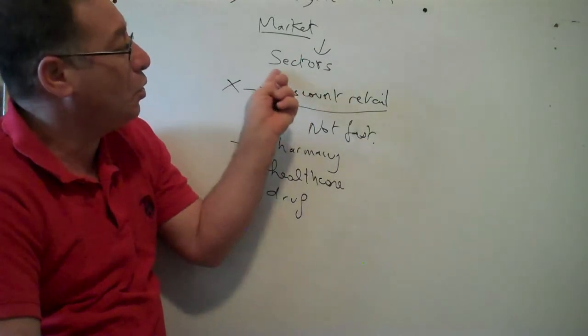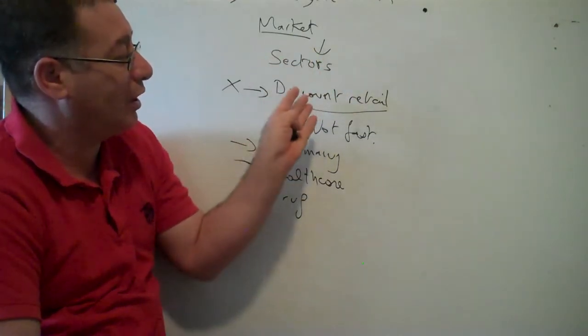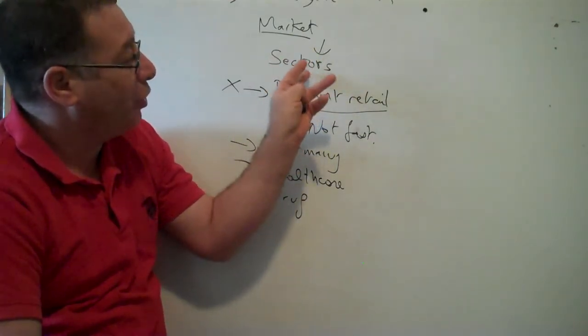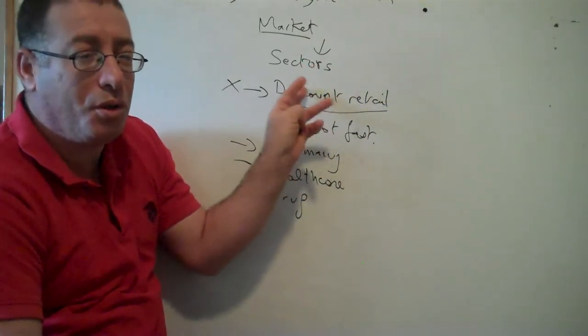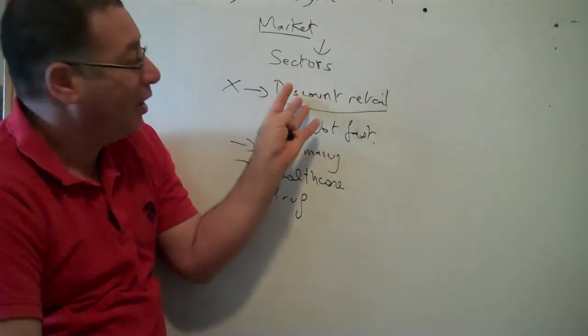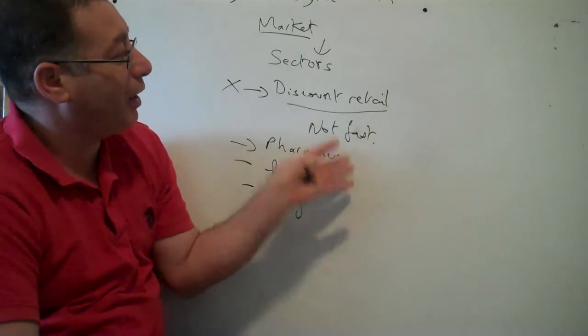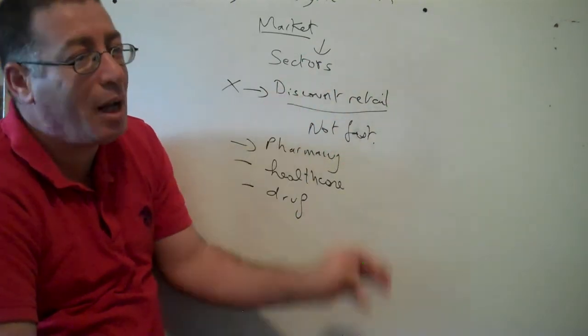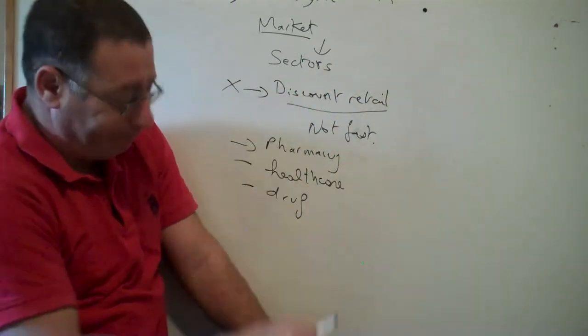So you should try to find a sector that is suitable for you, and choose the stocks that are fast. They can go up and go down very quickly, and then you buy and you sell as you like.